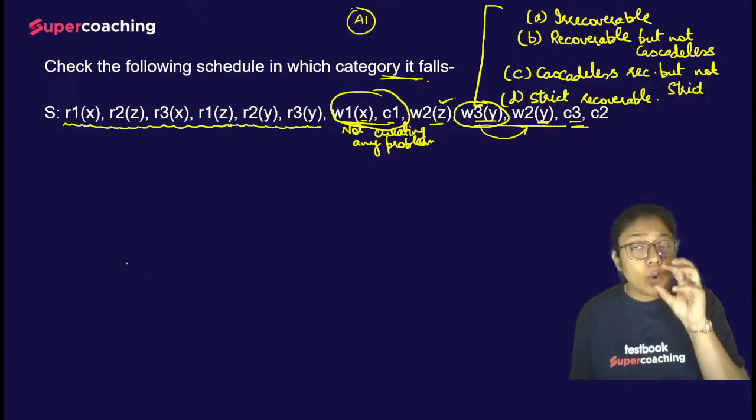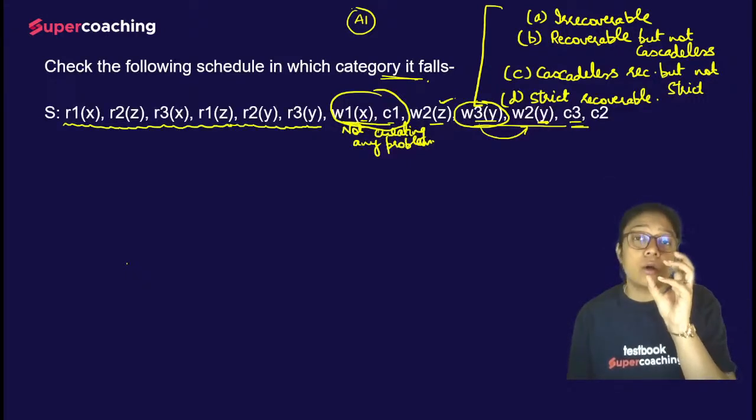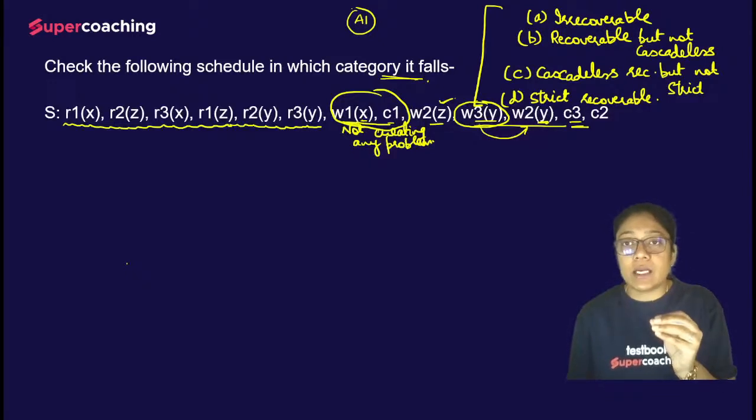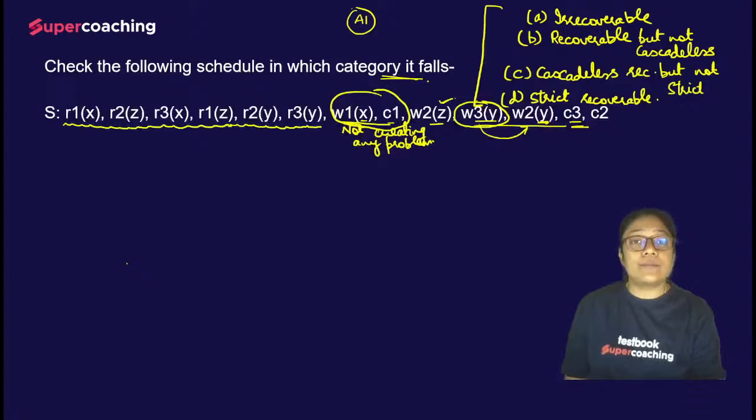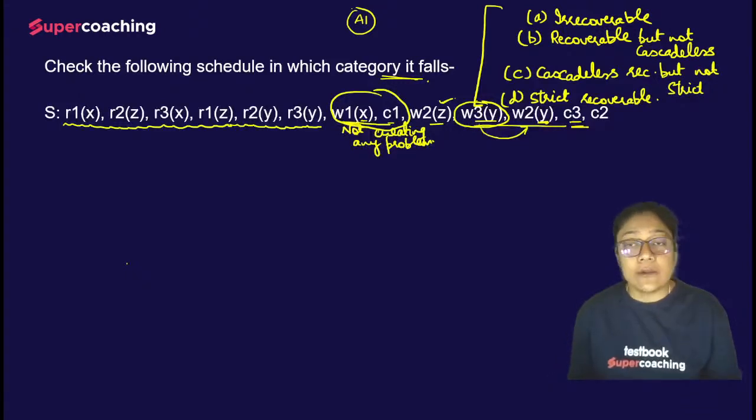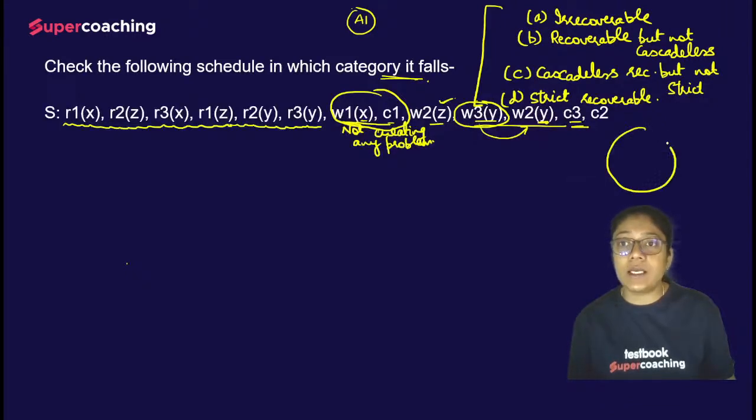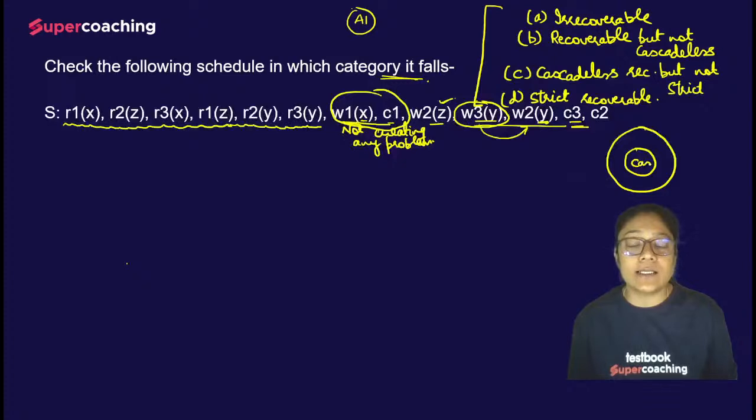Obviously it is recoverable, but saying it is not cascadeless is wrong. We have to always return the smallest or the most appropriate answer. अगर cascadeless है तो भी वो recoverable तो है ही है. Are you getting my point? If the schedule is cascadeless, then definitely, since it is falling under the category of recoverable schedule, तो cascadeless है तो recoverable तो होगा ही होगा, because it's a subset of that.